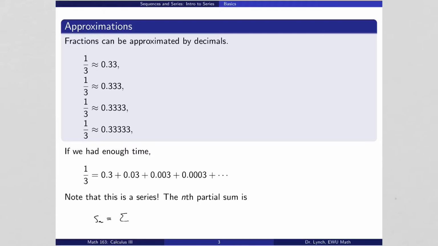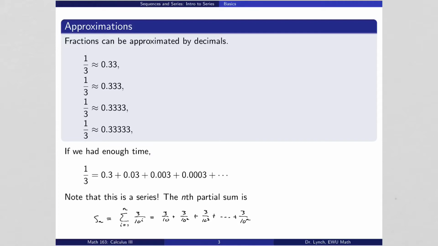It's the sum from 1 to n of 3/10 to the i. So here, instead of being an infinite series, this would be a finite sum. So 3/10 plus 3/10 squared, 3/10 cubed, and so forth, but not going on forever in this case, stopping at 3/10 to the n power.